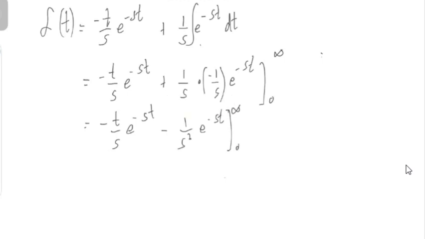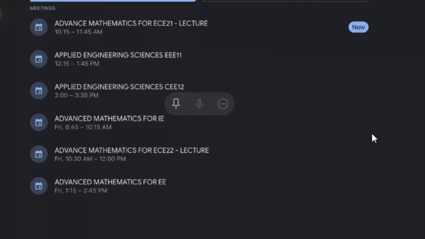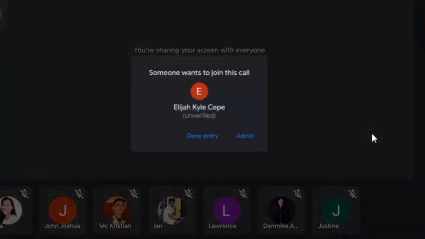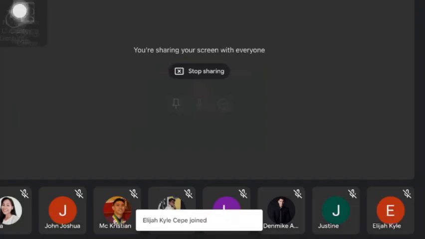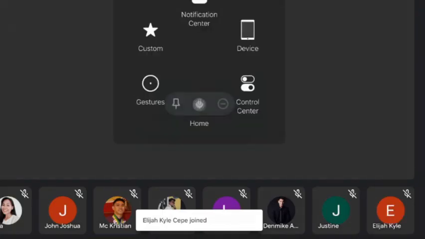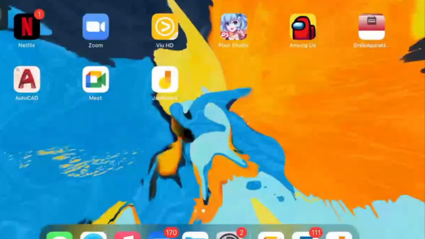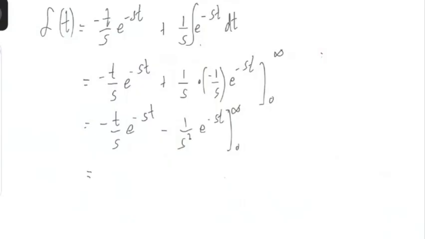Hindi ba ang lalabas, e to the negative infinity is 0? So yung upper limit natin, infinity. e to the negative infinity, everything will turn out to be 0. Minus the lower limit.